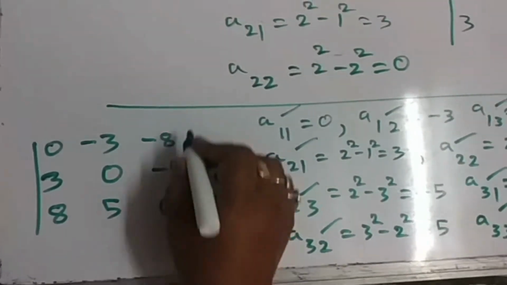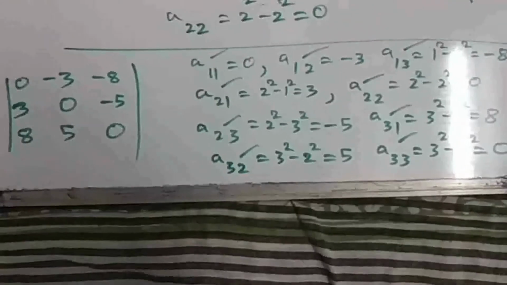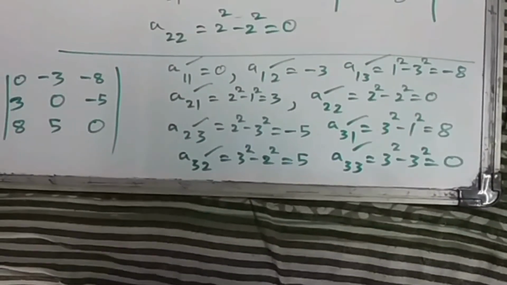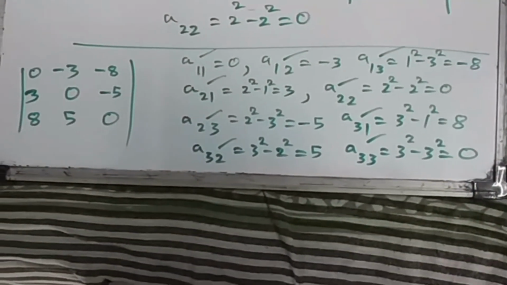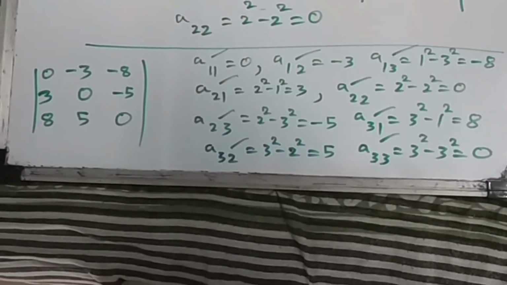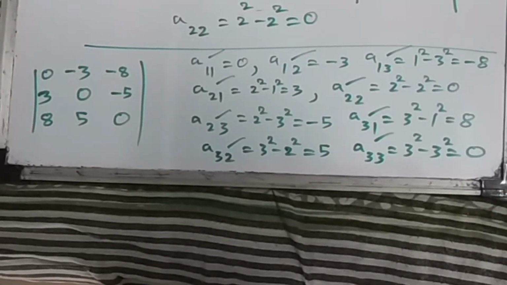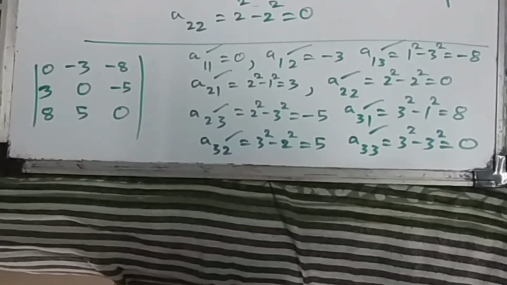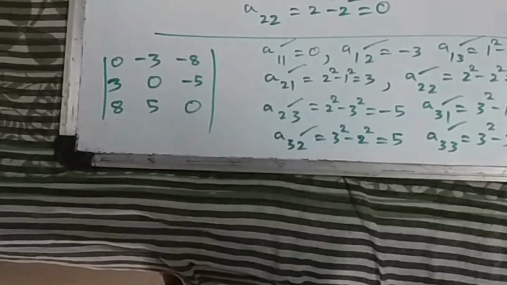Look here. Okay, I am taking the mobile a little bit up. Again you see A11 0, A12 minus 3, A13 minus 8, A21 3, A22 0, A23 minus 5, A31 8, A32 5 and A33, last element, is 0. So again I have got one skew symmetric determinant.